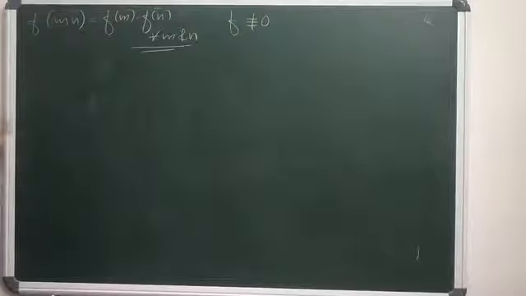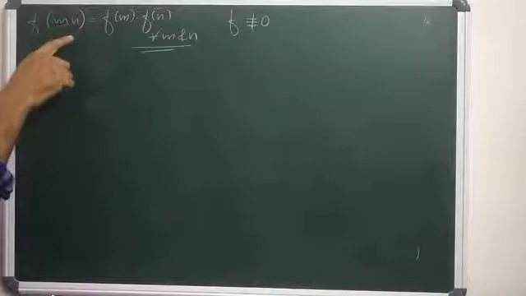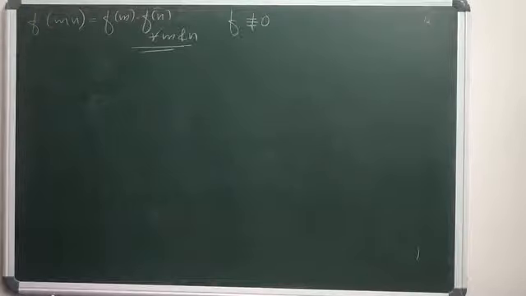An arithmetic function f is said to be completely multiplicative if for any two positive integers m and n, f of mn equals f of m into f of n, and f is not identically 0.